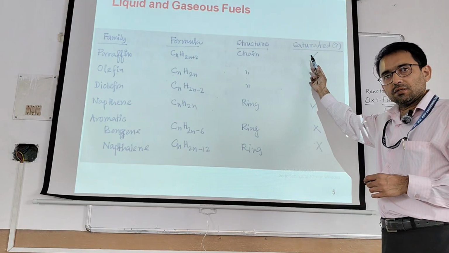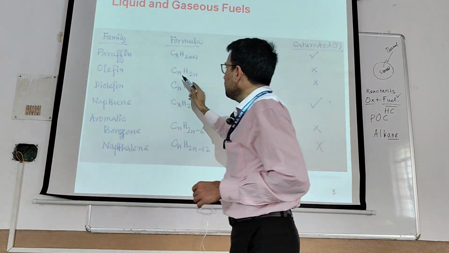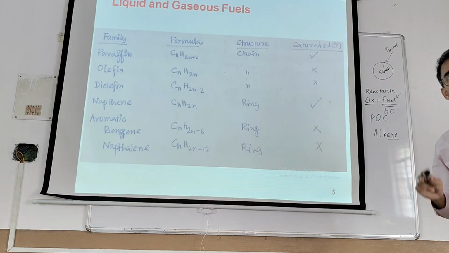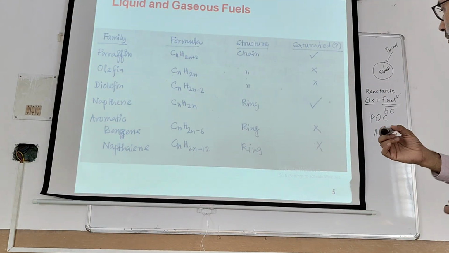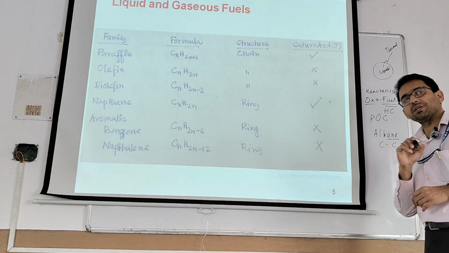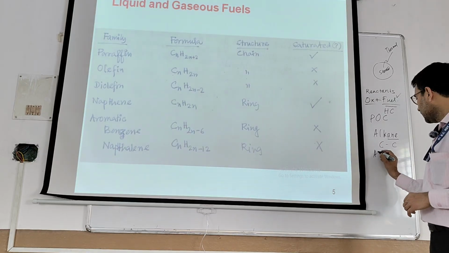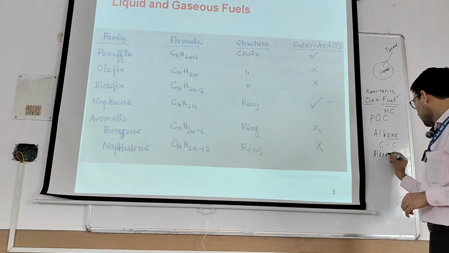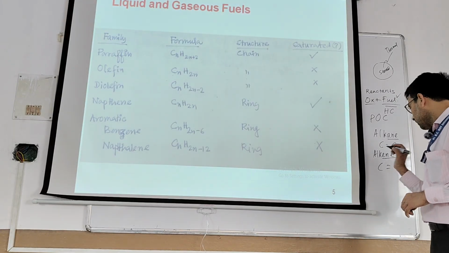It is saturated. Olefin means one double bond. Alkane means carbon single bond, saturated, and alkene, olefin, has one carbon double bond.